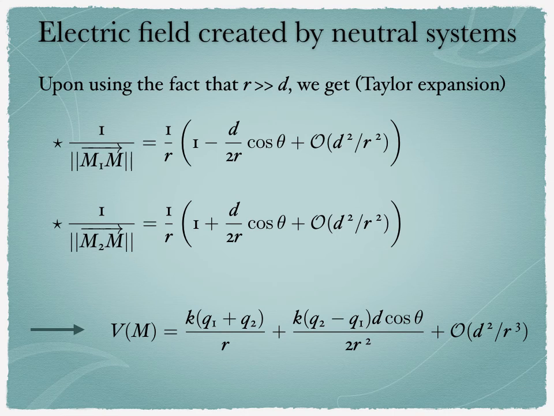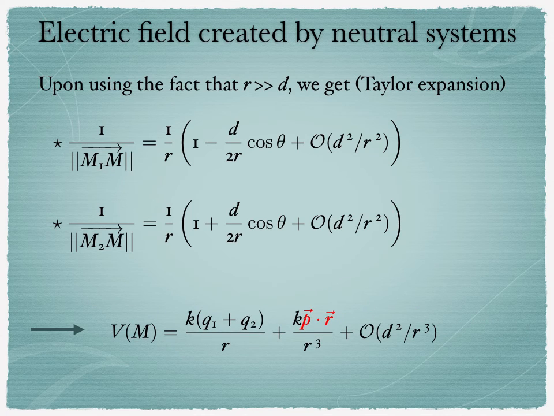The second term on the right-hand side can actually be slightly simplified, at least in terms of notation. If you lump together the term q2 minus q1 times d divided by 2 times cosine theta, you can rephrase it as the scalar product of a new vector p with the vector r, which is here om.